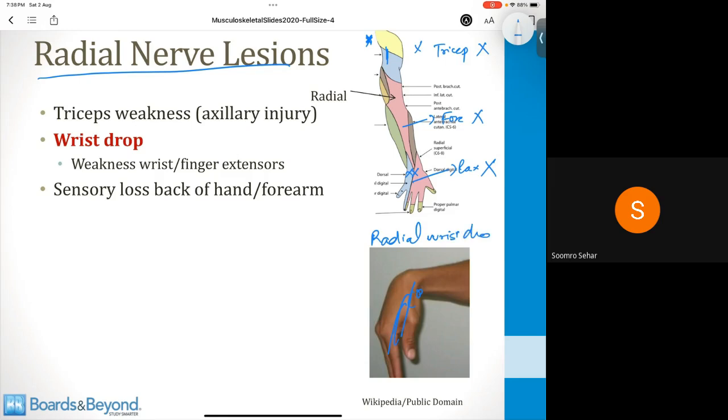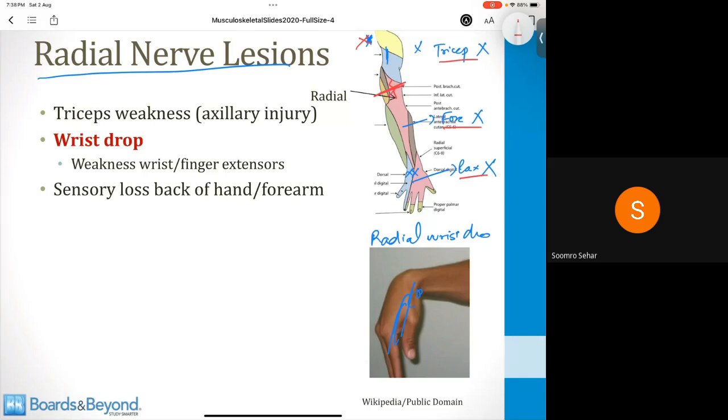As we discussed, we can have two cases. Either we can have injury of the radial nerve here in the axilla, and as a result, triceps, the forearm extensors, and the hand extensors are going to be gone. Or we can have a mid-shaft fracture of the humerus, and we discussed there lies a groove known as the radial groove in which our radial nerve passes, right?